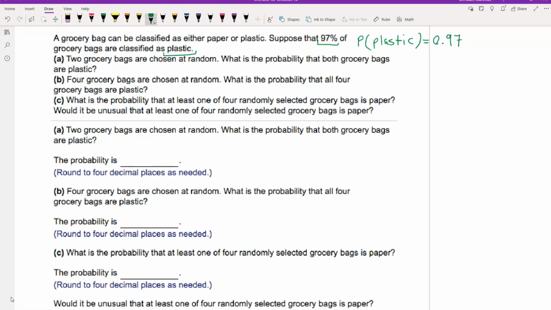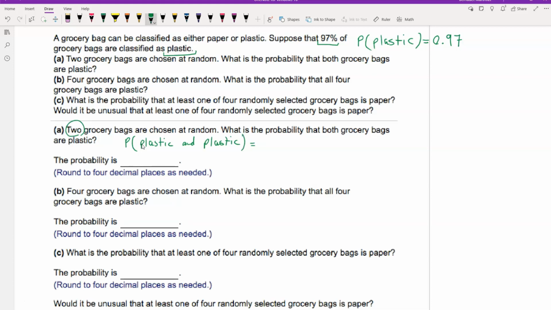What is the probability that both grocery bags are plastic? So here we have to find probability of plastic and plastic. Or we can write probability of both plastic.